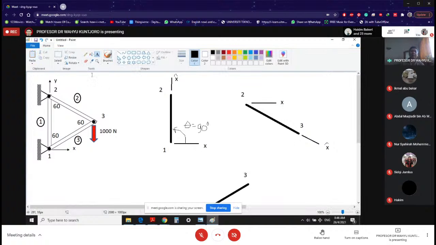And theta is measured from x global to x local. Do I know the angle? Yes, of course you know the angle, because here the angle is 30.